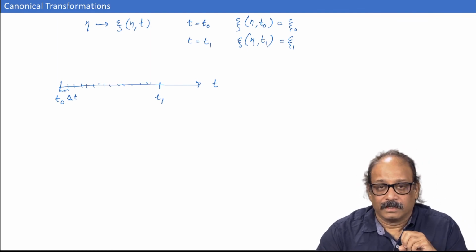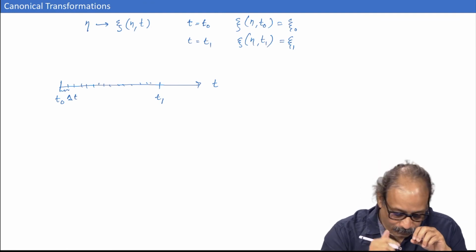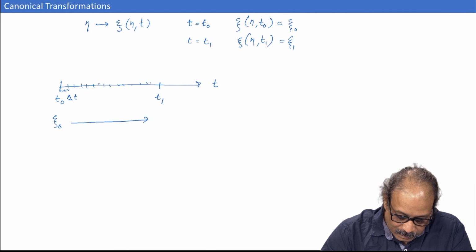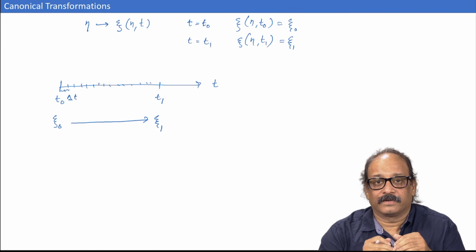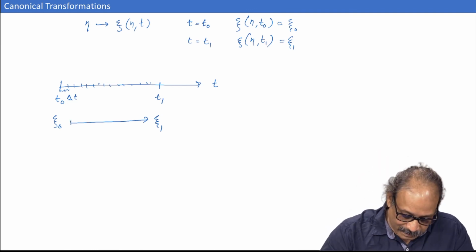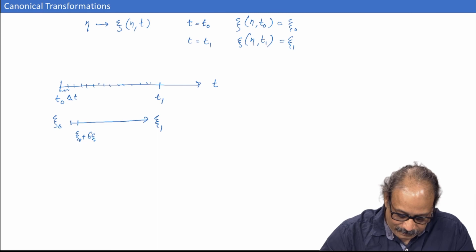And now, think of it like this, you go from xi 0 to xi 1 in a series of infinitesimal steps, and every time you take an infinitesimal step, you go from xi 0 to xi 0 plus some delta xi.